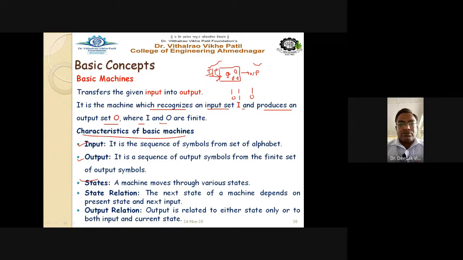How the processing is carried out on the supplied input, how the operations are carried out, we are not focused on that because it is a basic machine. Only the output is important for us, and not the internal processing or the intermediate states.